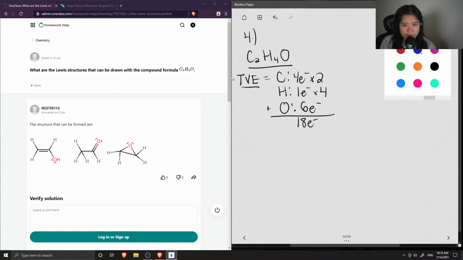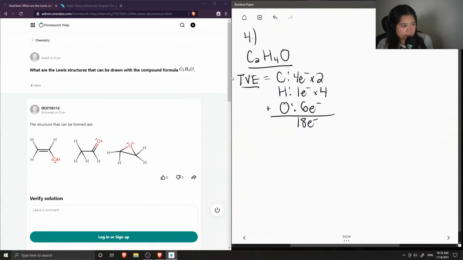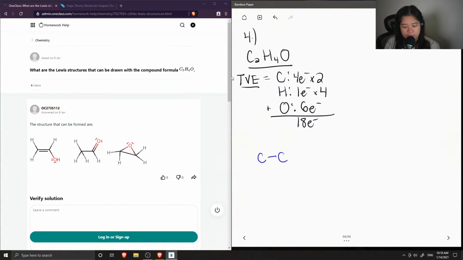So now let's try to write out some plausible structures for this formula. We know that when we have just carbon, carbon, and then single bonds to the hydrogens, we need to draw a double bond in there somewhere.